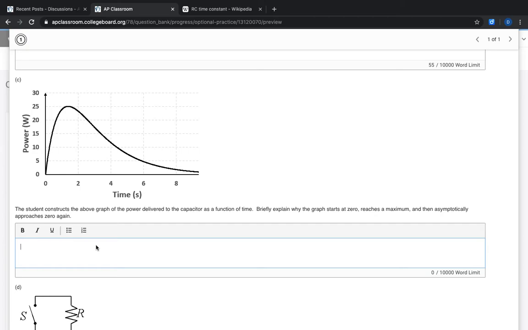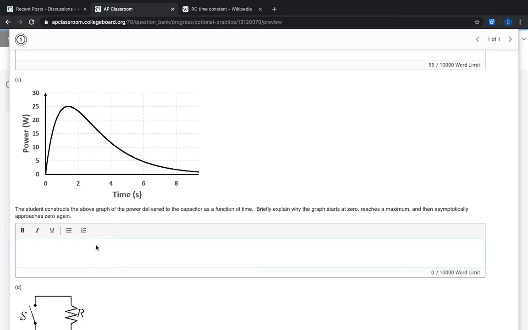So what is power? That's the rate of change of energy. And we do talk about the energy of a capacitor. So the rate at which the energy is changing is what we're really looking at, and that value should be equal to the amount of power that is being dissipated through the resistor.